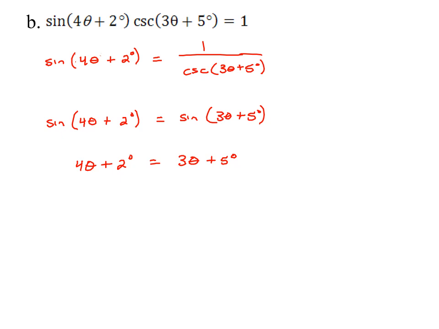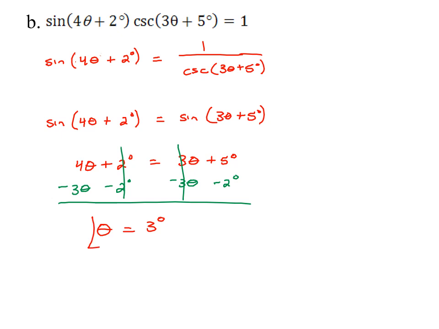And again, do a little bit of algebra. We would subtract the 3 theta from both sides, and we could subtract the 2 degrees from both sides. And 4 minus 3 just gives you 1 theta, and 5 minus 2 is 3 degrees. And that would be your answer.